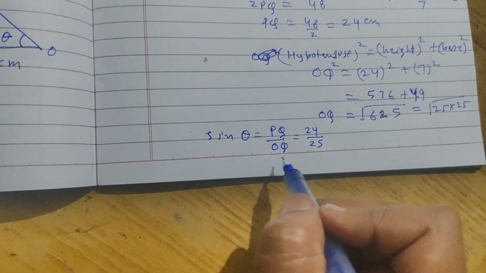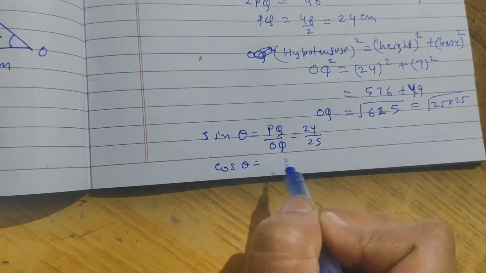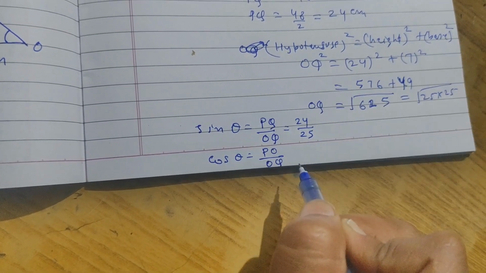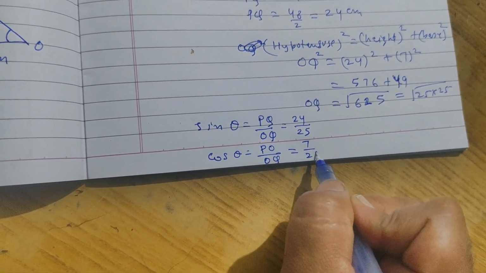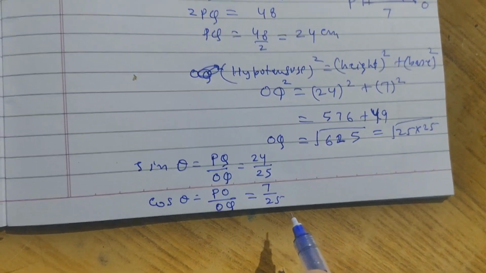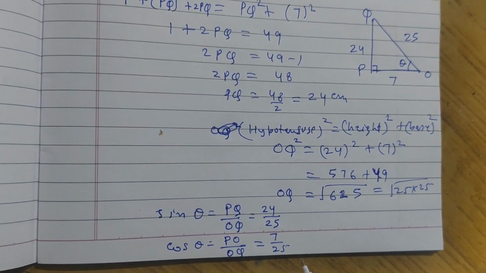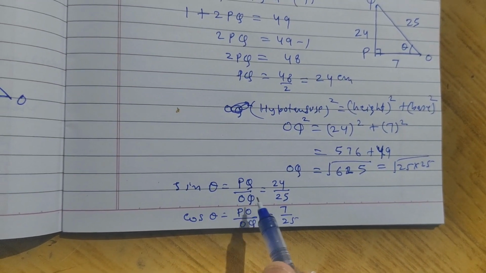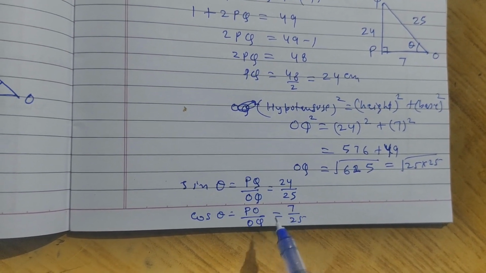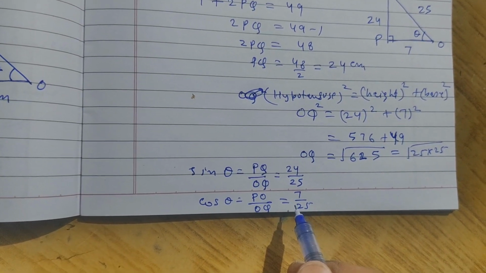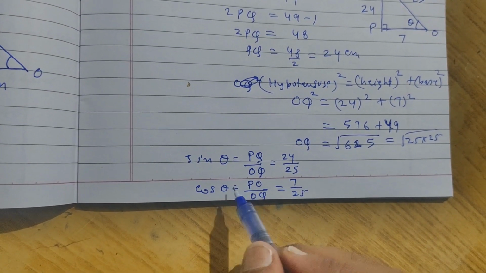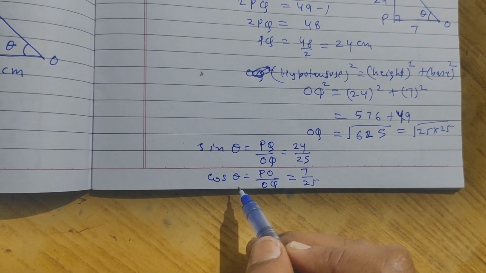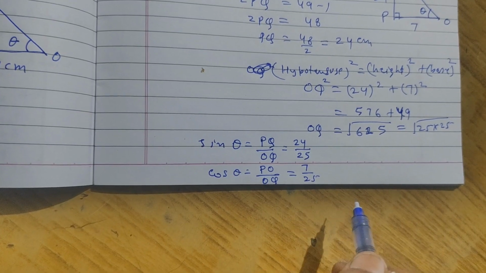And cos theta is PO upon OQ, which is equal to 7 upon 25. So we easily found the values: sin theta is 24/25 and cos theta is 7/25.